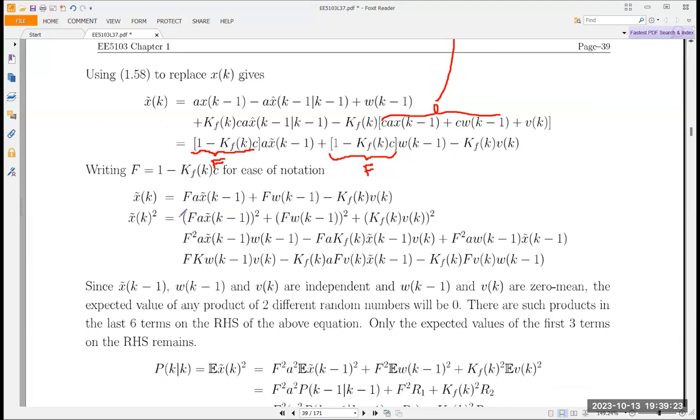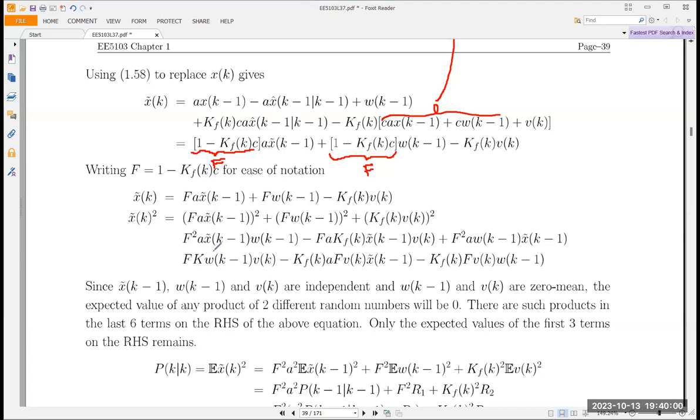Then now we need to find the variance. So before that, we square as the first step. So you square this, you will get this. All right, then same story. I explained for you already. Only the first three terms remain. The cross products, the last six terms all become zero when you take expectation.